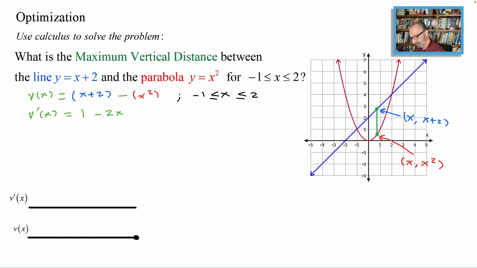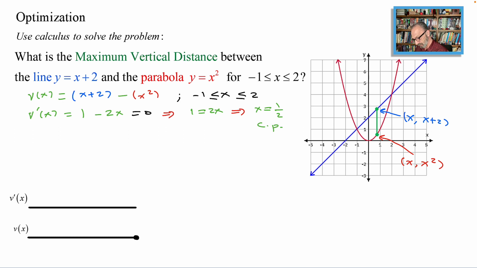Setting v prime to be equal to 0, we have 1 equals 2x, which implies that x equals 1/2. So x equals 1/2 is our critical point.